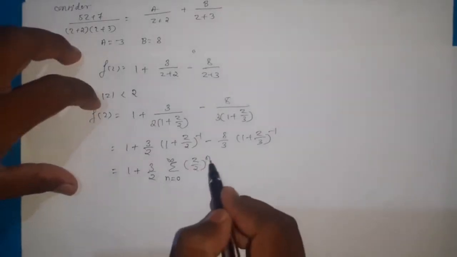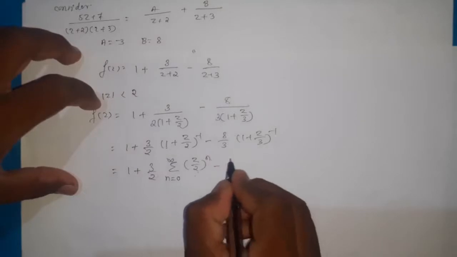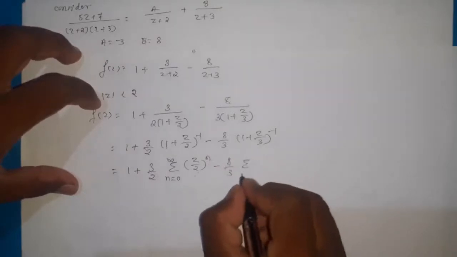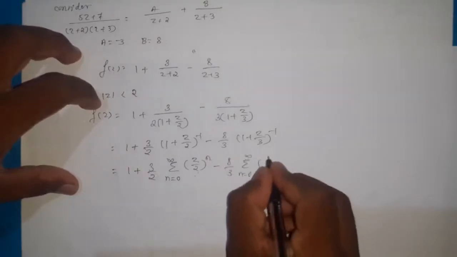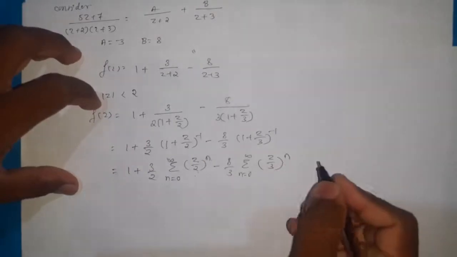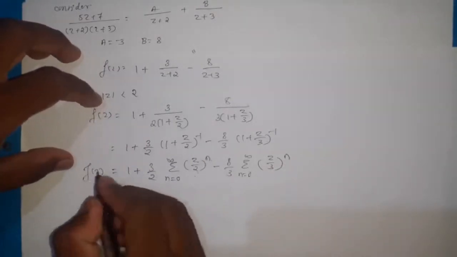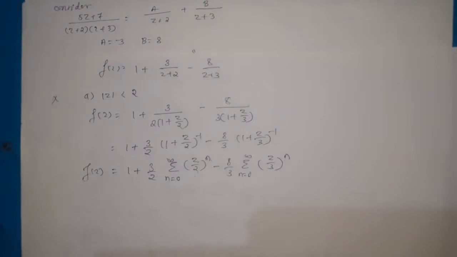So therefore (z by 2) whole power n minus 8 by 3 summation over n equal to 0 to infinity of (z by 3) whole power n. So this is the expansion of the function in the region mod z less than 2. Here this is the Taylor series because there is no z in the denominator.